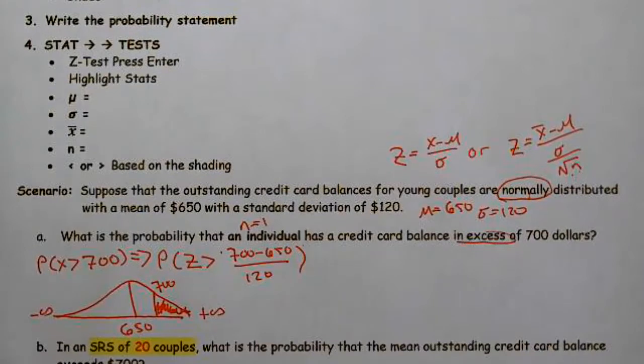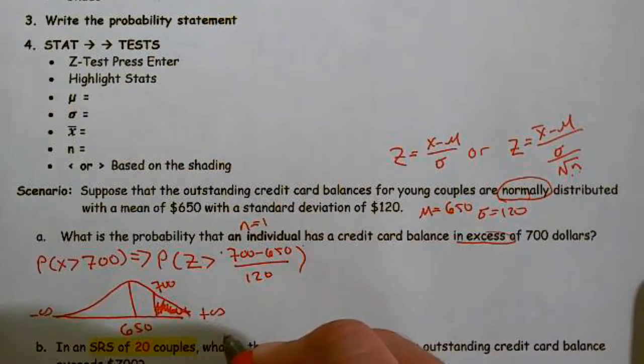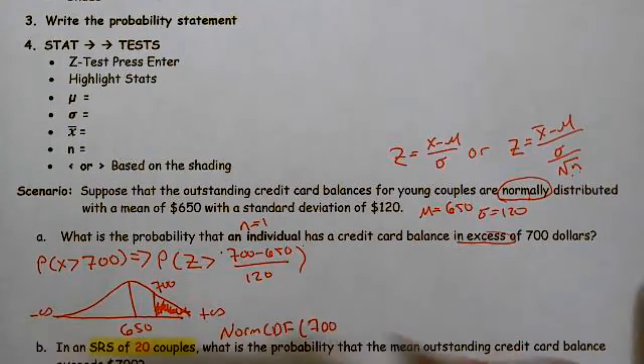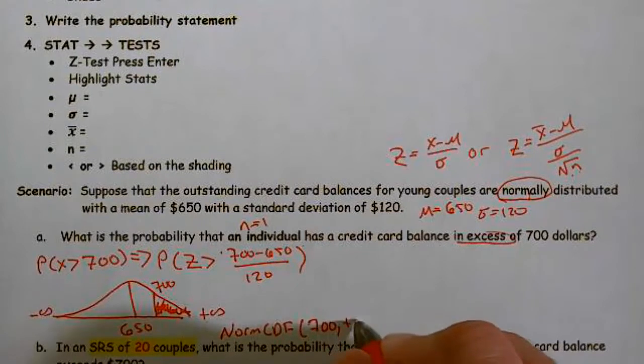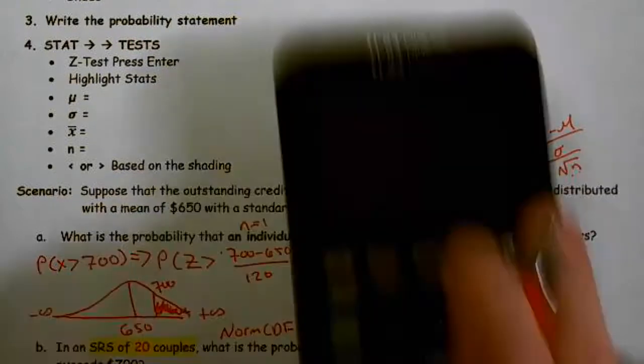And if I go to this, I should be going, oh, well, this looks like a norm CDF. And so with a norm CDF, this is what I plug into the calculator. My lower part of my shading is 700. The upper part of my shading is infinity. My mean is 650 and my standard deviation is 120. So here we go.